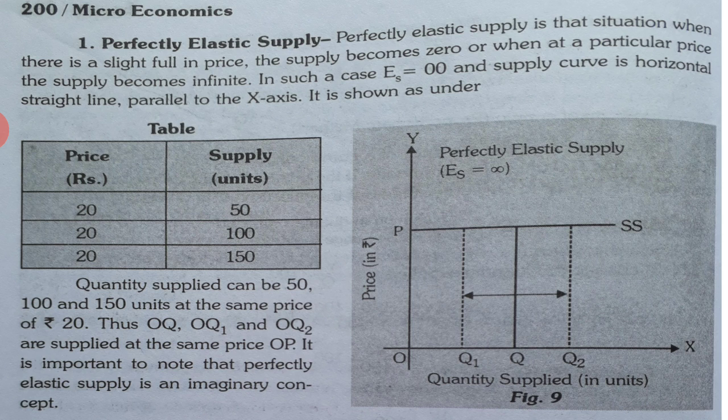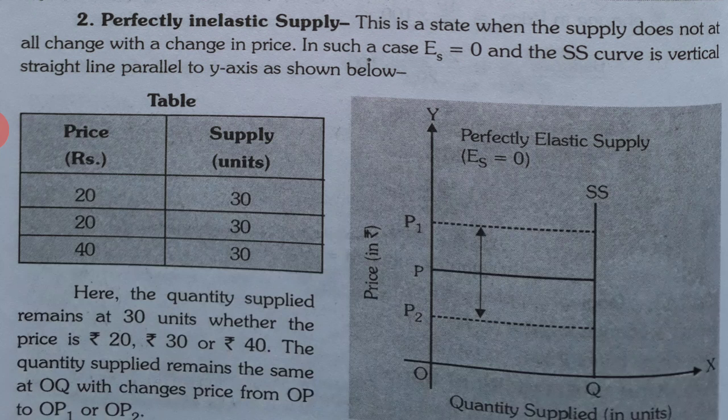So second one is perfectly inelastic supply. Inelastic supply means even if the prices are rising up, supply cannot be adjusted or increased. Supply remains the same. Here the elasticity of supply is equal to 0, and that curve of supply is a straight line which is parallel to y-axis.